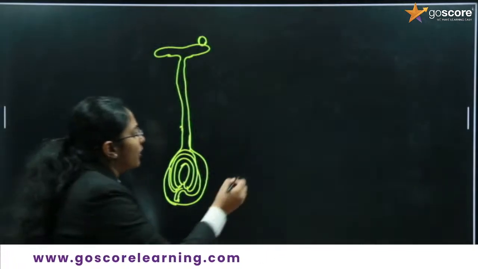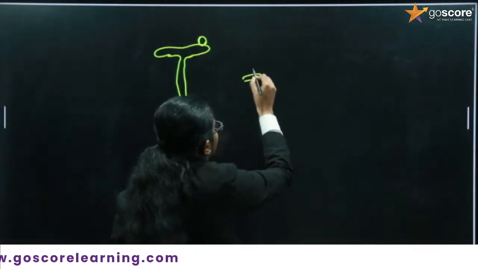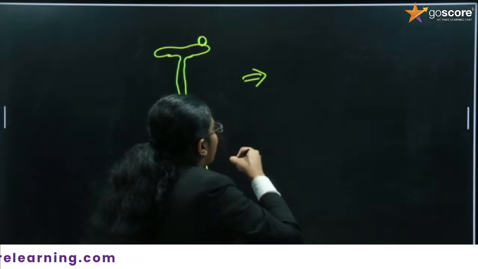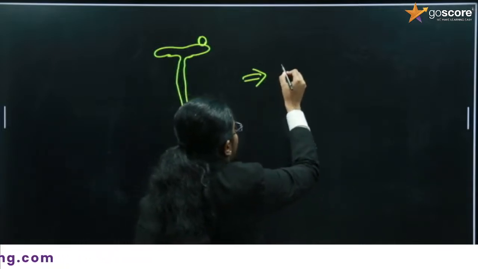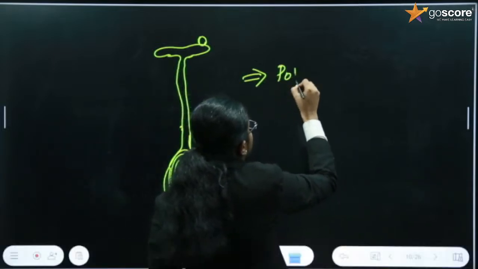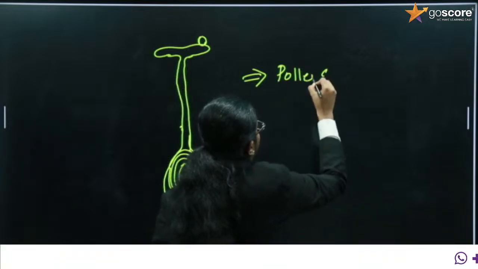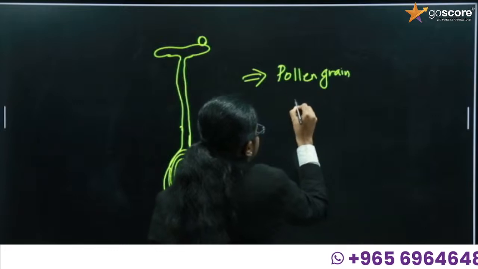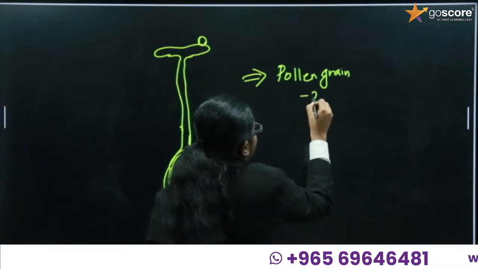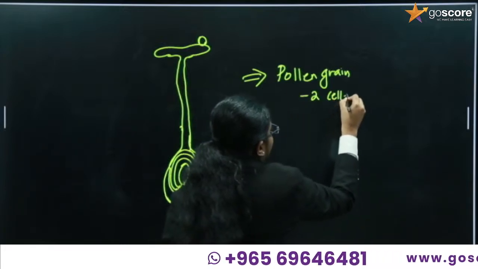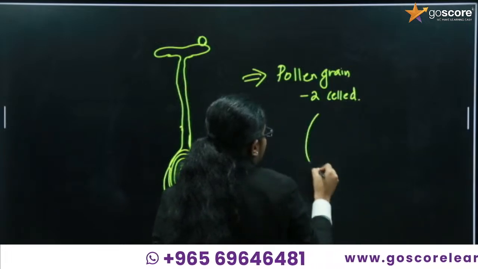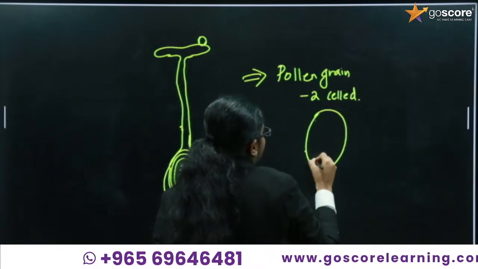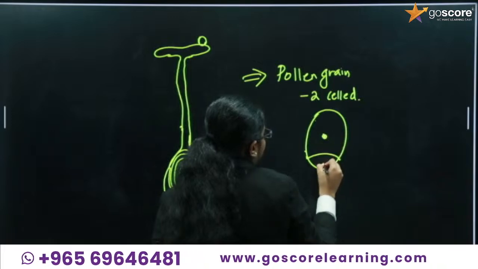What happens during pollination? In your textbook, when you studied the structure of pollen grains, we saw that pollen grains can be released in two stages. One is the two cell stage, that means they have a generative cell and a vegetative cell.